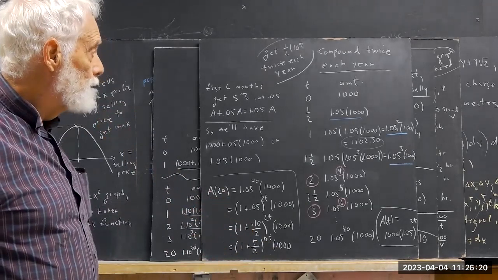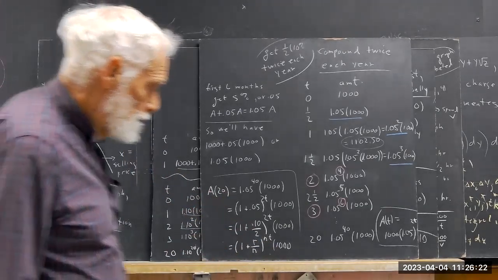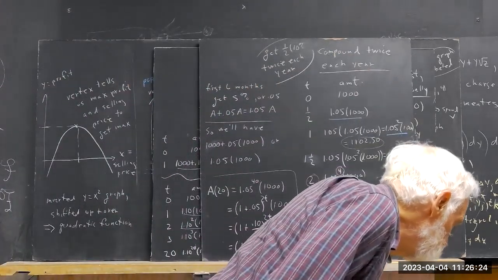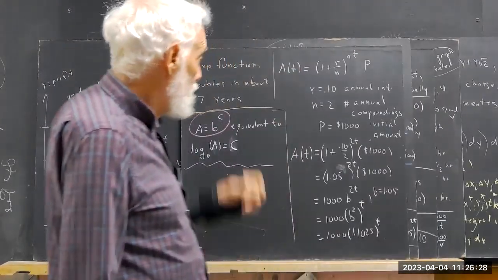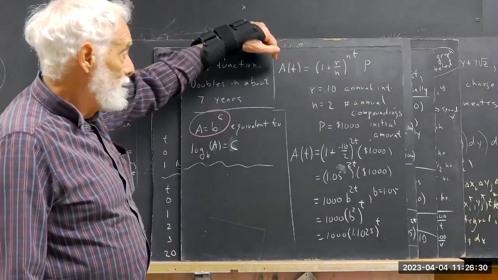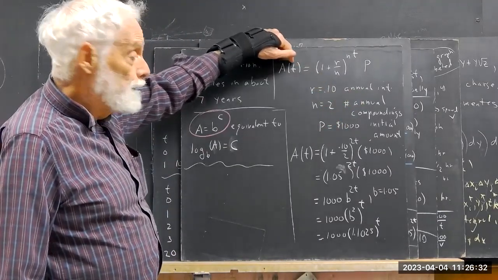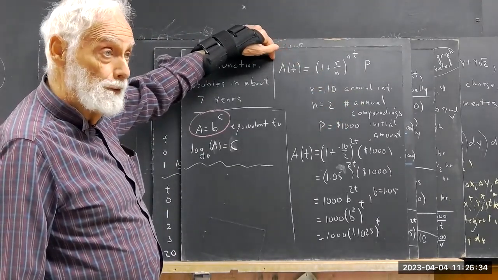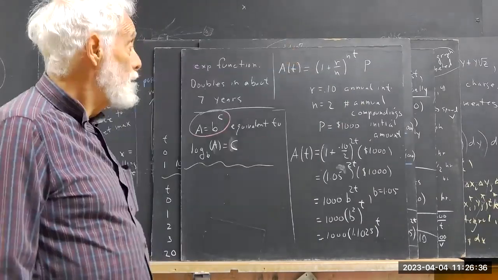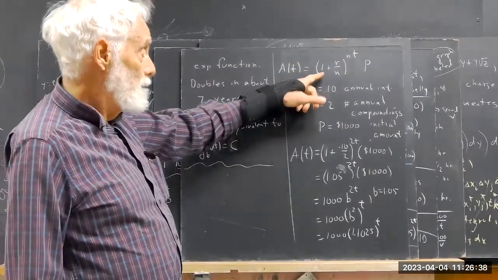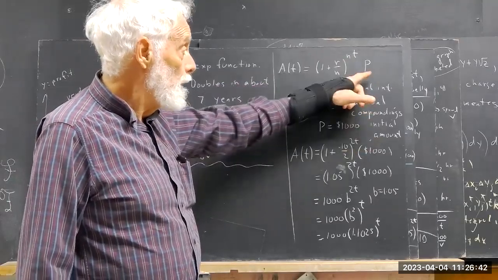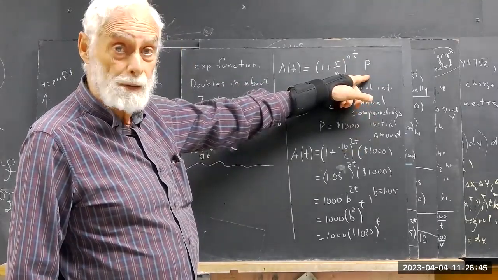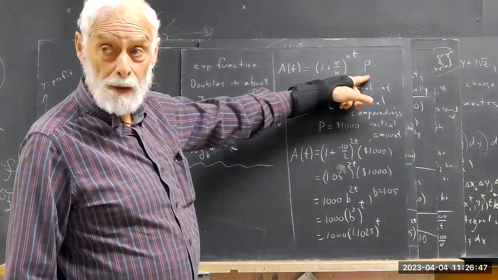Well, that's basically the formula that you see in your text. I think it looks like this, except they just use A. I'm using A of t, that's function notation. That means the amount after t years. The formula I just wrote down is 1 plus r over n to the nt, times the amount you had initially, which would be $1,000.